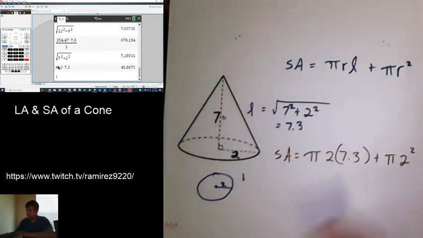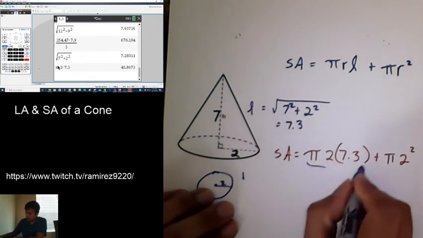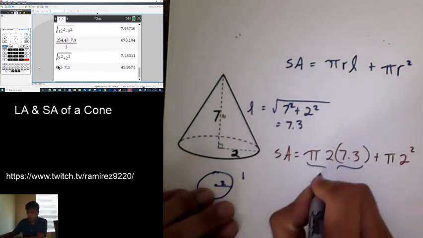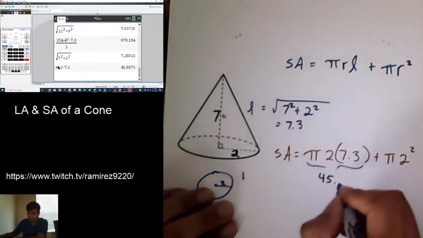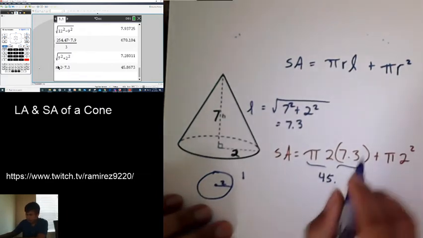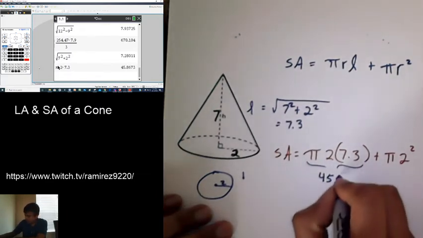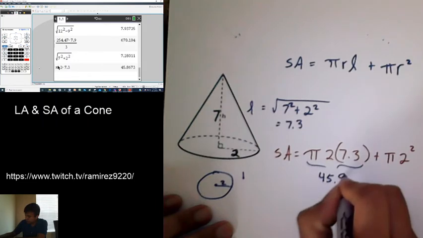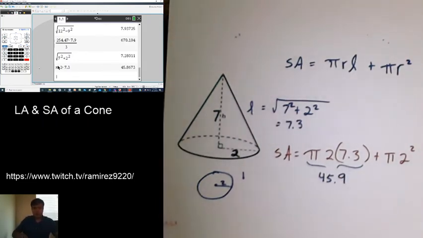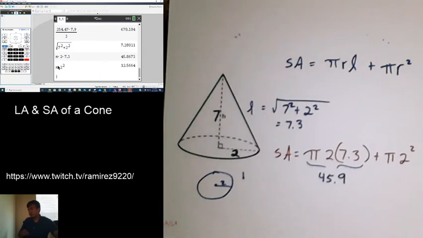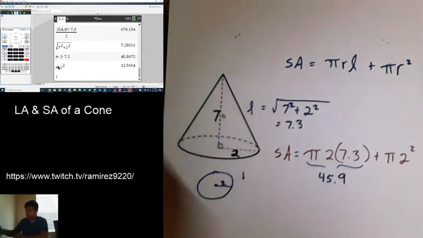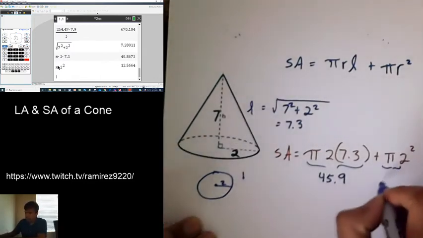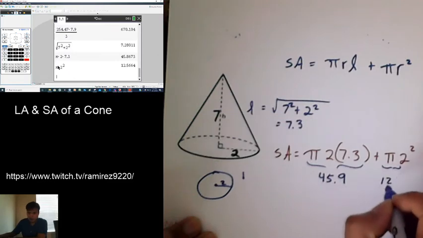So this part right here becomes 45.8673. I'm just going to say it's 45.9. And the other part, pi times 2 squared, becomes 12.56.